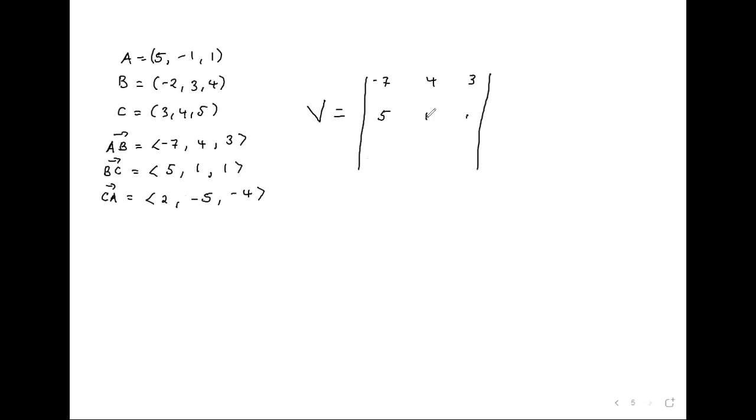Then to get the volume, you get the determinant of negative 7, 4, 3, 5, 1, 1, 2, negative 5, negative 4, which is equal to negative 7 times (negative 4 plus 5), which is negative 3.